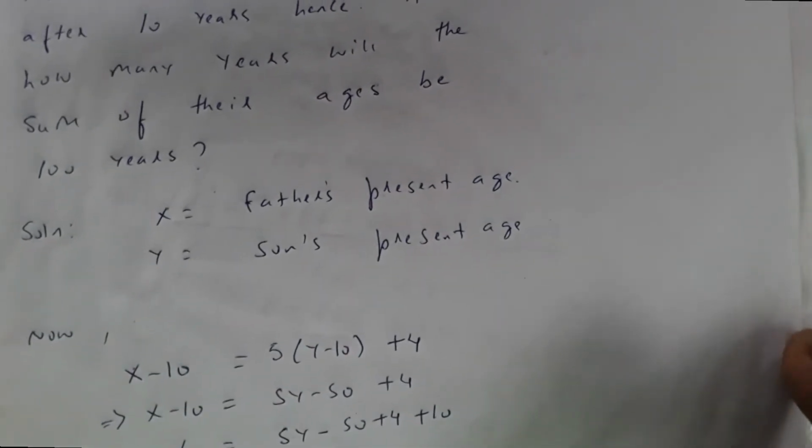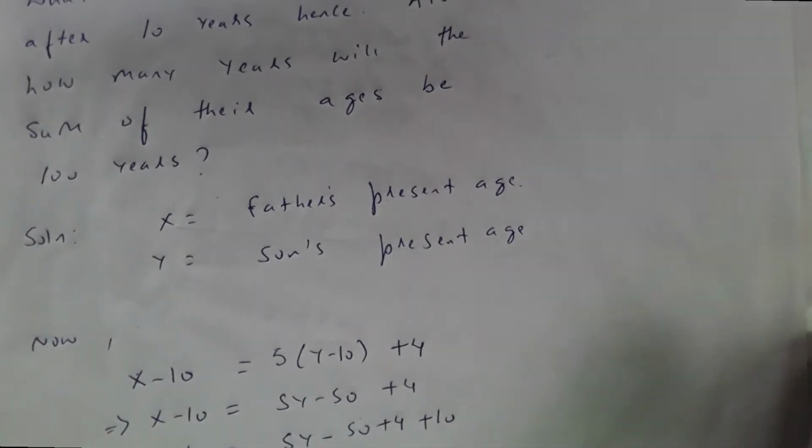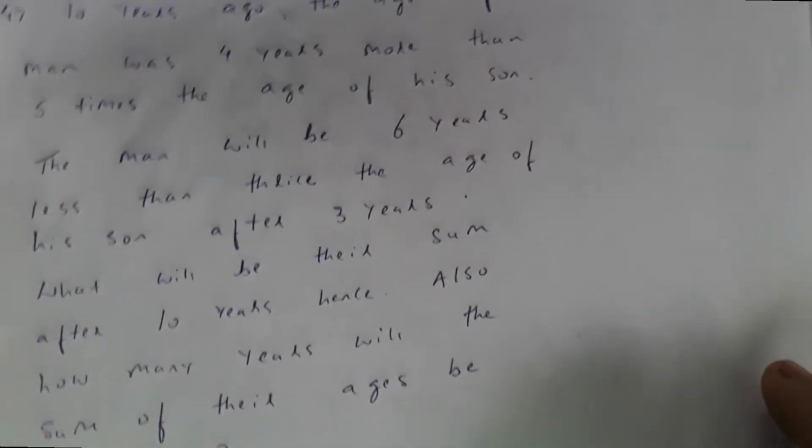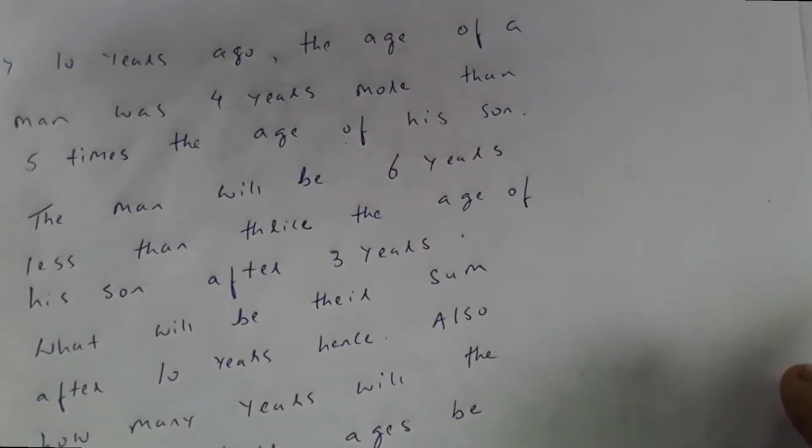Okay, so let x be the father's present age, and y be the son's present age. Now, what is the first part of the question? 10 years ago means x minus 10.